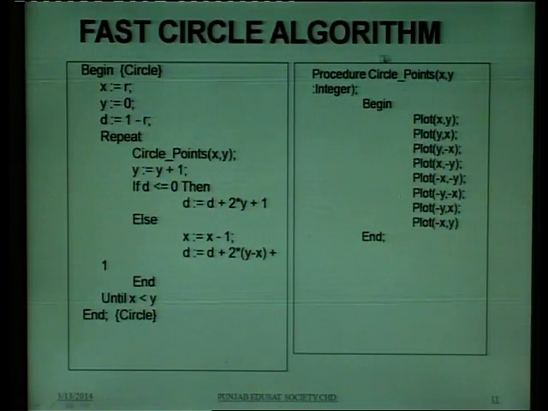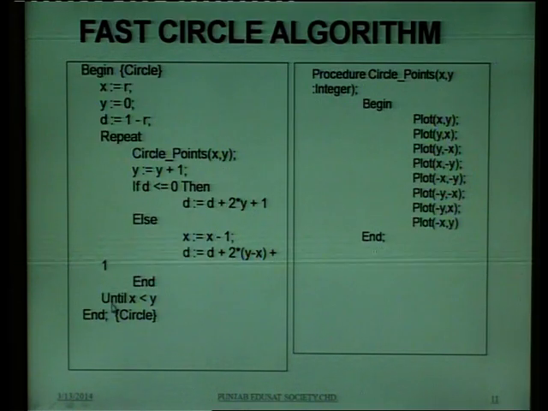algorithm which is used to draw a fast circle, that is, begin a circle: x is equal to r, y is equal to 0 and d is equal to 1 minus r. Repeat this process. The circle points x and y, y is equal to y plus 1. If d is less than 0, then d is equal to d plus 2 star y plus 1. Otherwise, x is equal to x minus 1 and d is equal to d plus 2 star (y minus x) plus 1.